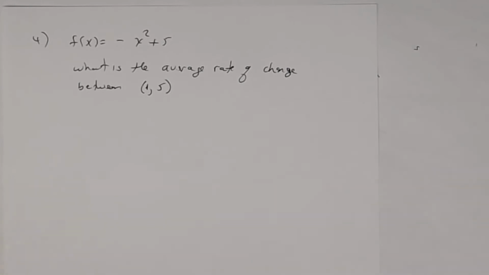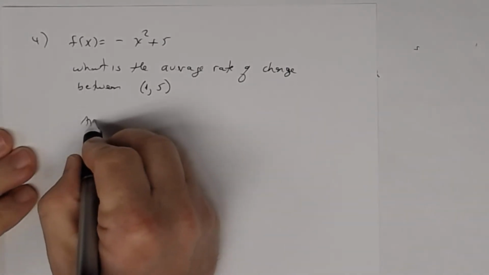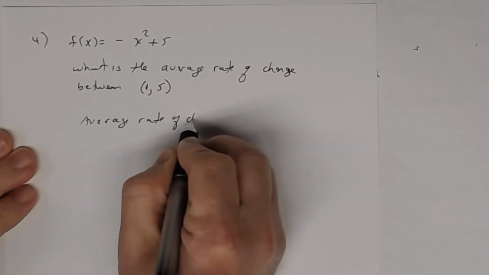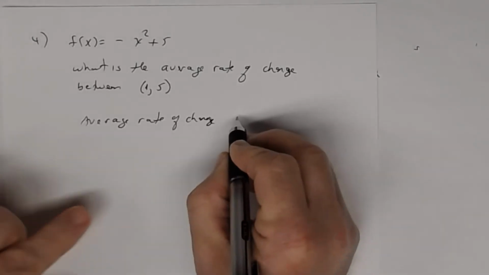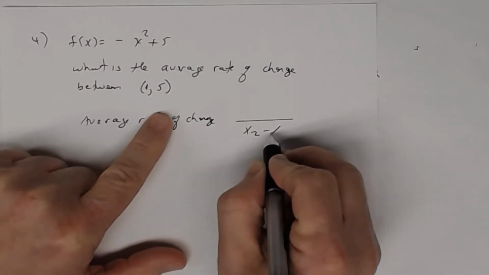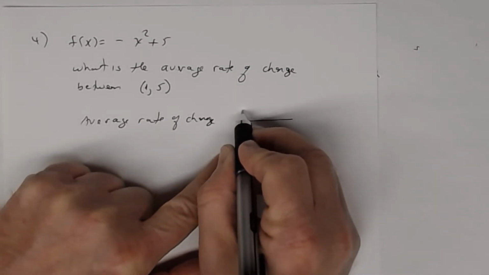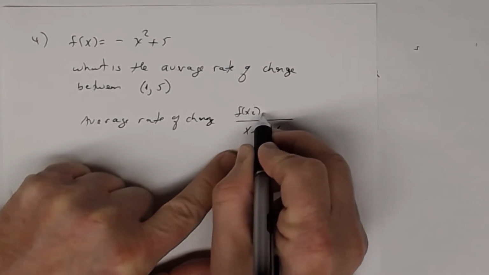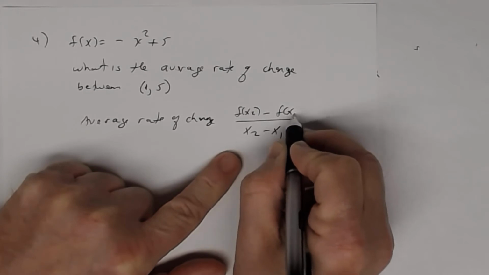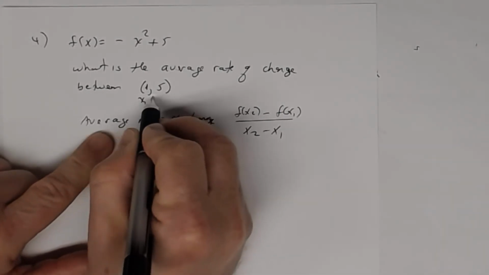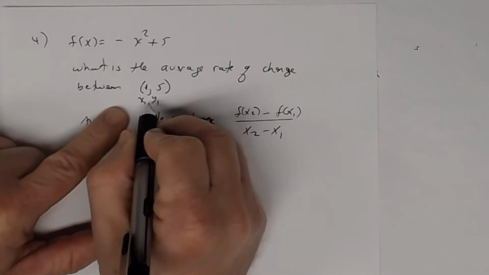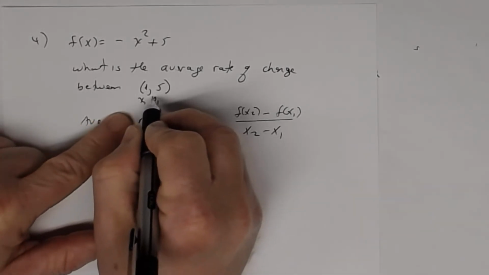Okay, so to find the average rate of change, so here's going to be your work. Remember the formula is x2 minus x1. So to find the y value, you're going to say f of x2, right? And then you're going to subtract the y value that corresponds to f of x1. So this is your x1, and this is your x2.